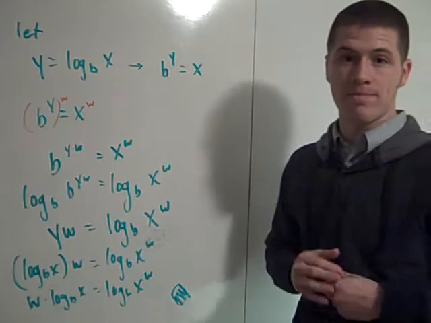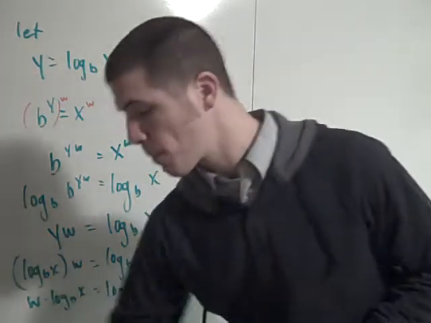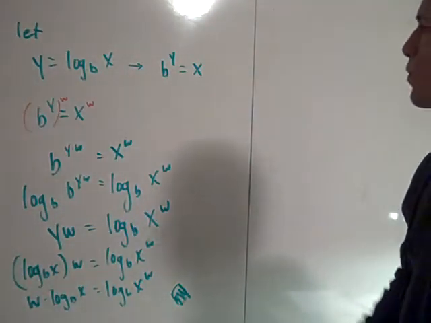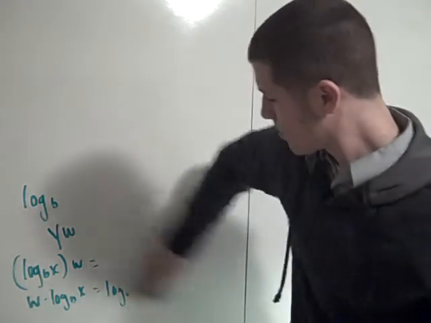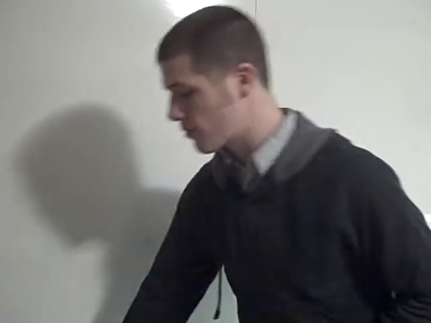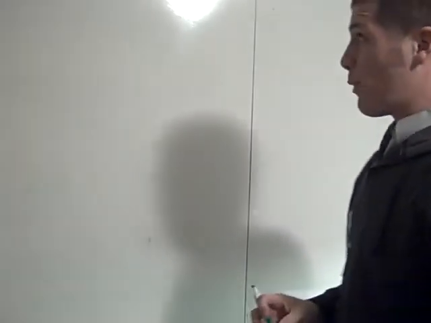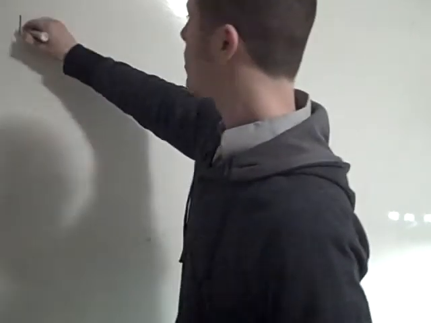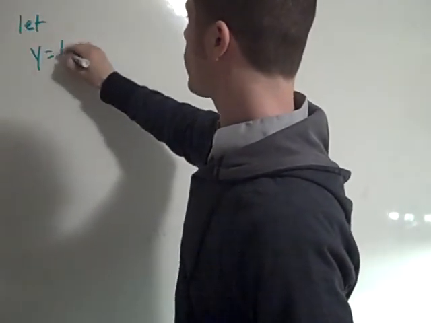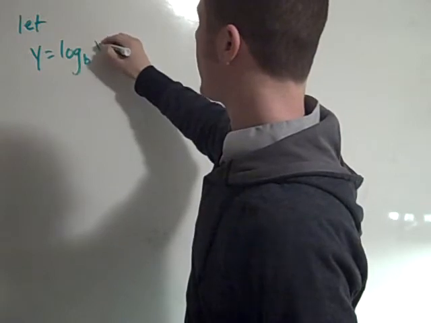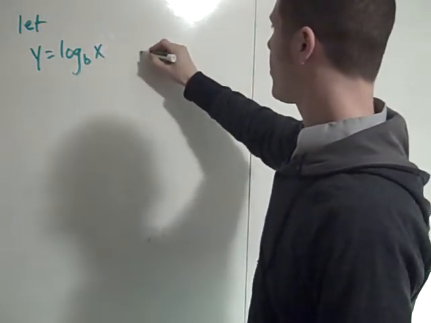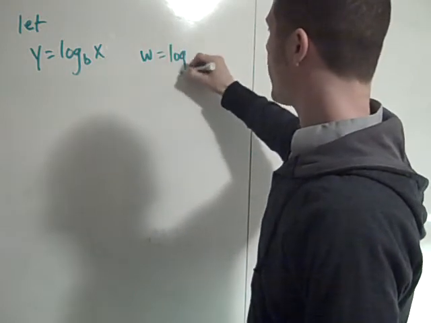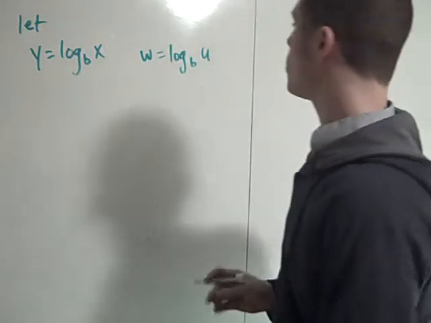Now let's look at the product property. For the product property, we have to have two different logarithms. So let y equal the log base b of x and w equal the log base b of, let's say, u.